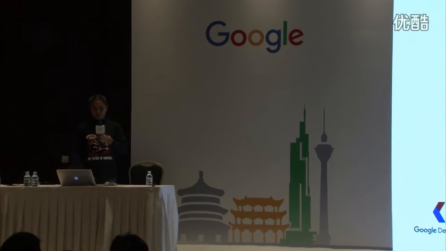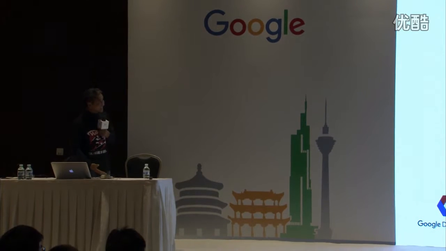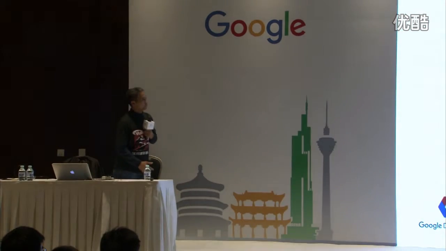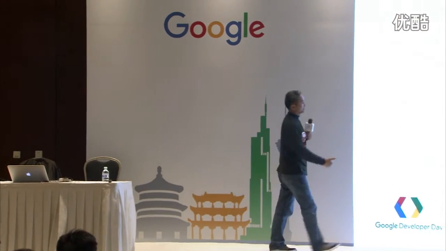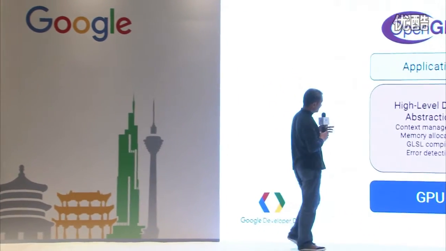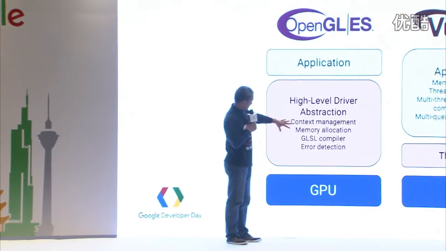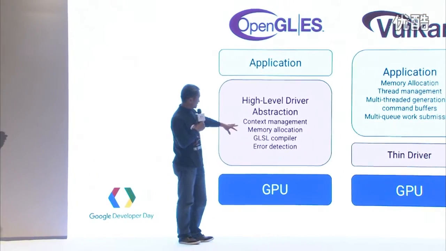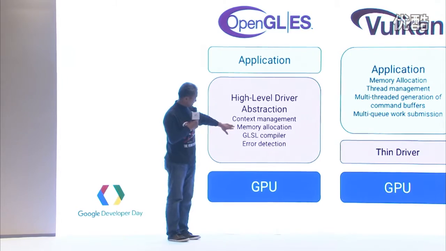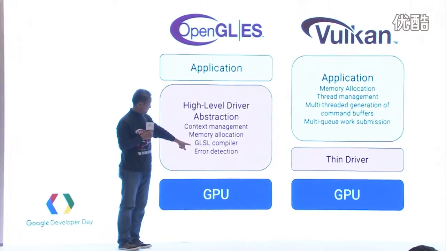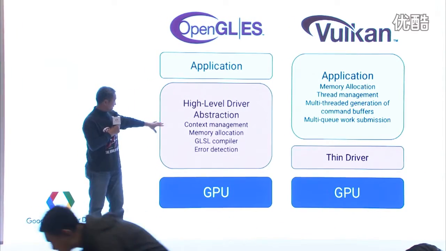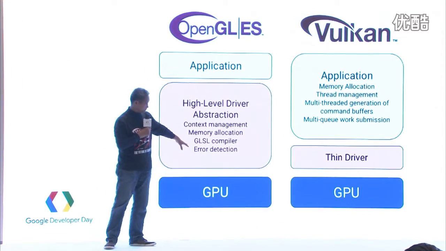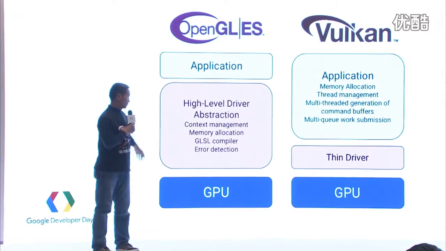So now let's look at what explicit means. By looking at this graph, you can see that with OpenGL, the driver is a fat driver, right? The driver needs to handle a lot of things. Your driver gives you abstraction layers, and then context management, memory allocation, which we're going to come back to a lot of times, the shader GLSL compiler, and validation and error checking, which we're also going to come back to, and that is an important portion of it.